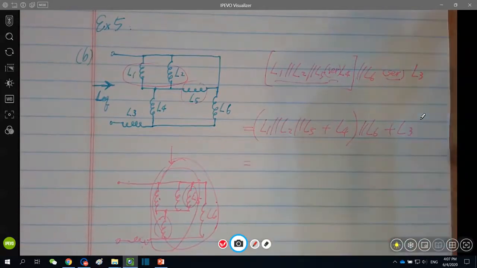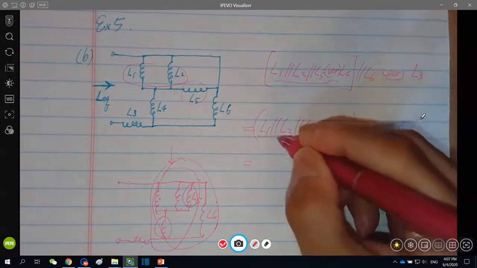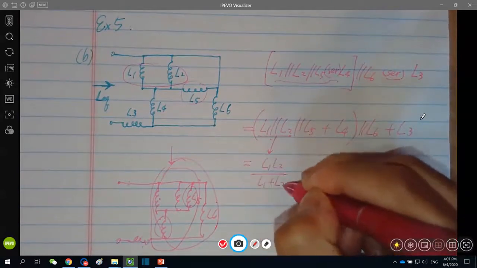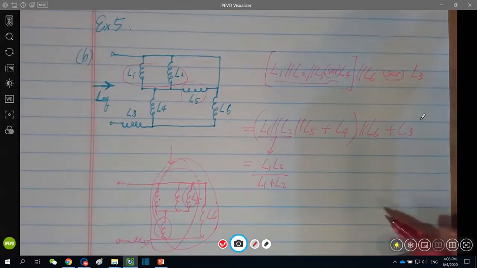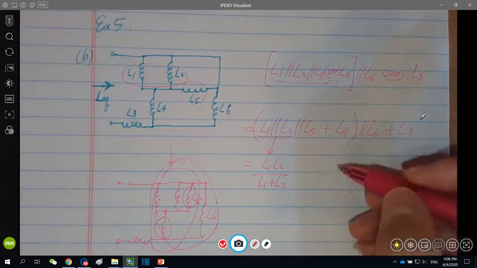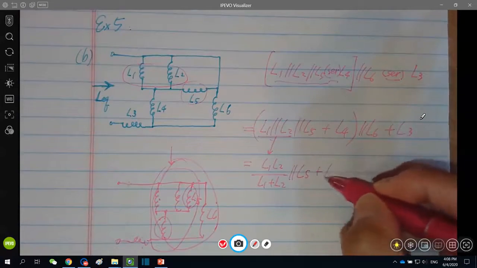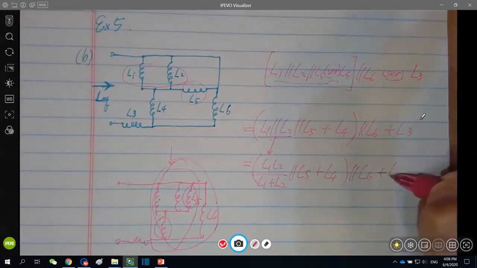And then how to do the parallel? For the parallel, be careful, like in the resistor. Combine L1, L2: L1 times L2 divided by L1 plus L2. In other words, it equals 1 over the reciprocal of L1 plus the reciprocal of L2. And after this, this parallel with L5 plus L4, and parallel with L6 plus L3.